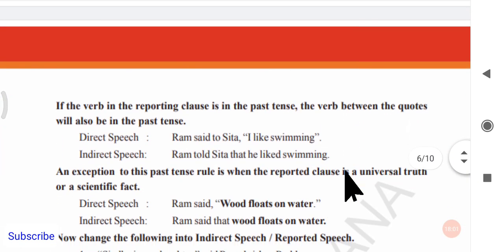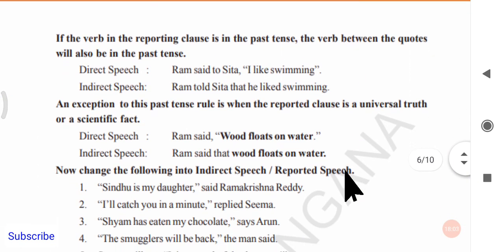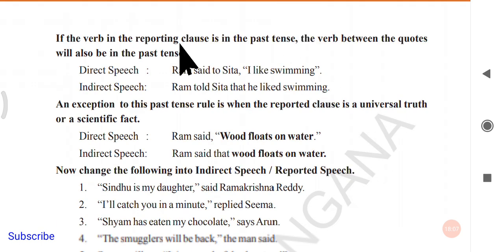Next we shall see the second rule. If the verb in the reporting clause is in the past tense, the verb between the quotes will also be in the past tense.